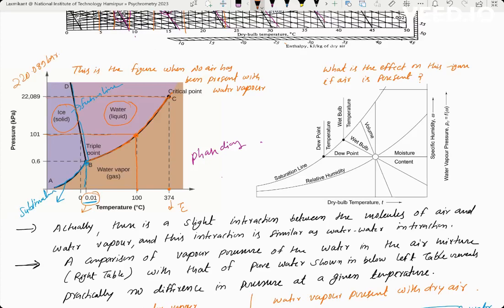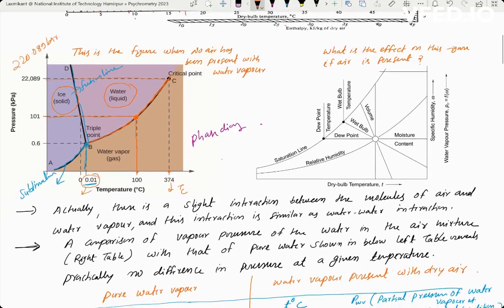In air conditioning, generally the temperature range is up to 50 degrees Celsius. The 50 degree Celsius line will be at this point, to the left of the 100 degree Celsius line. Generally we work below 50 degrees Celsius and above 0 degrees Celsius.